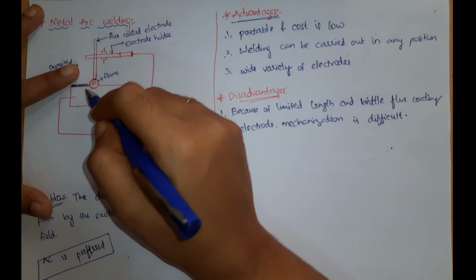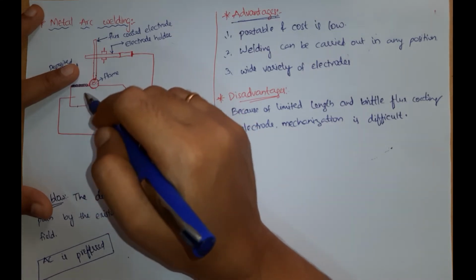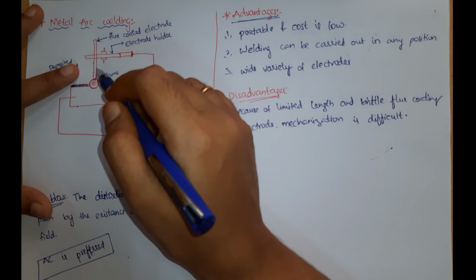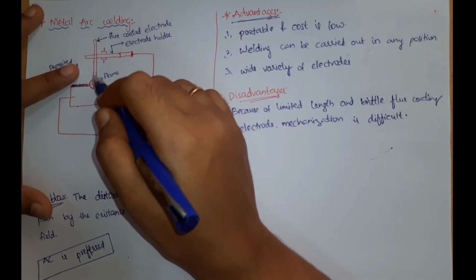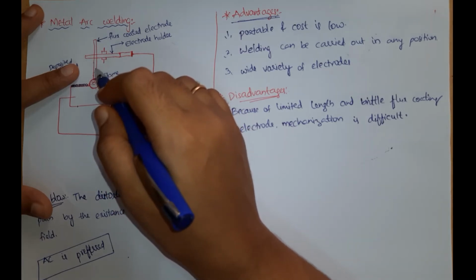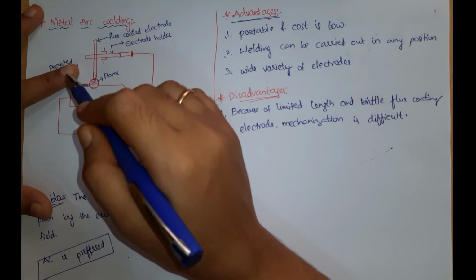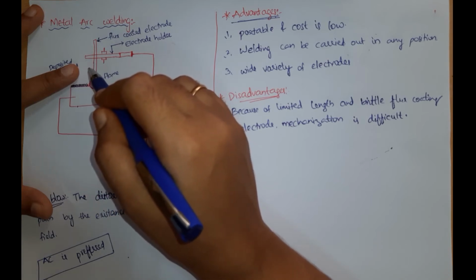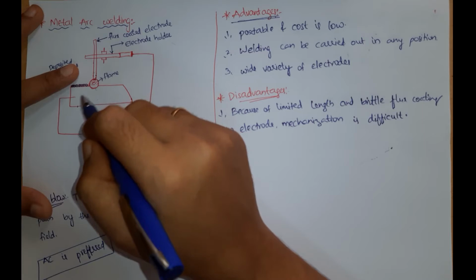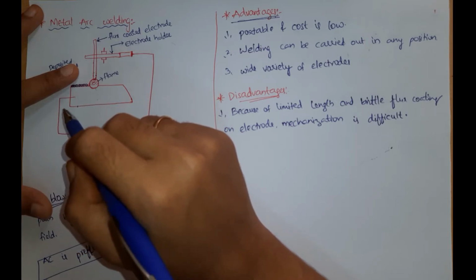So during that welding, the continuity of the welding will be broken due to the need for replacement of the electrode. During the replacement, there might be a defect in the welding, which may disturb the strength of the welded part.